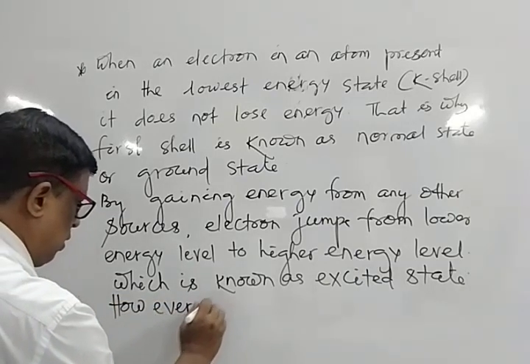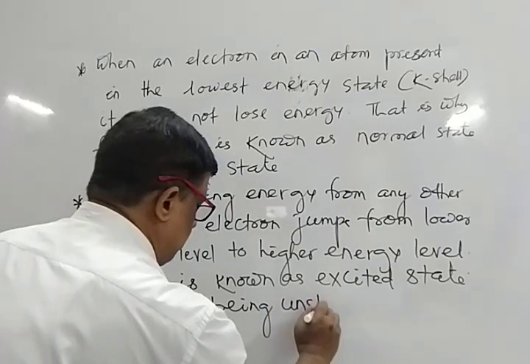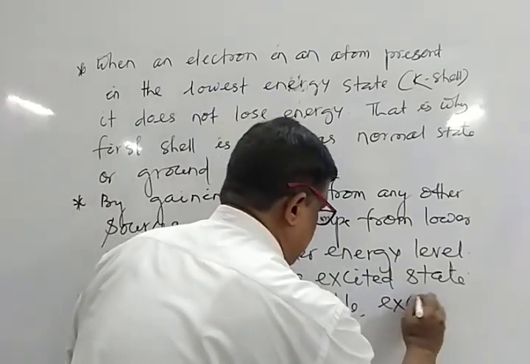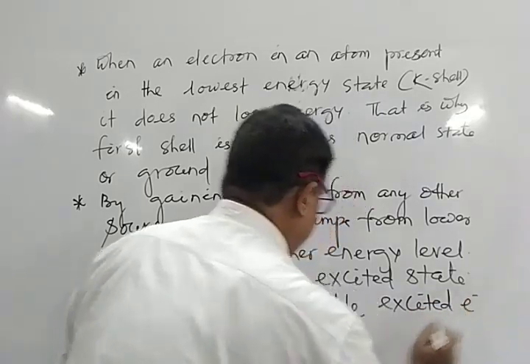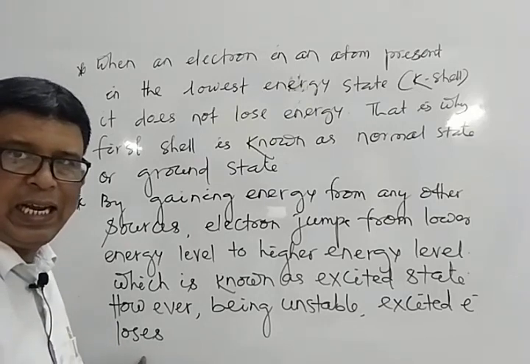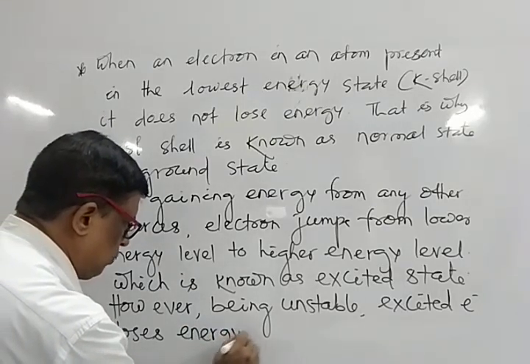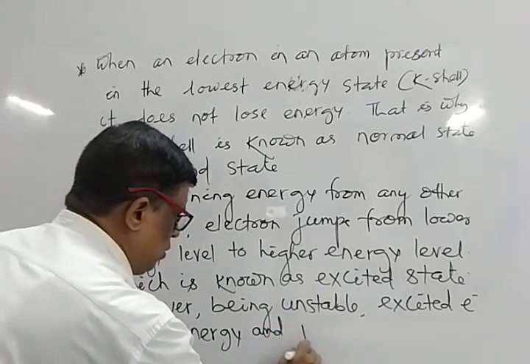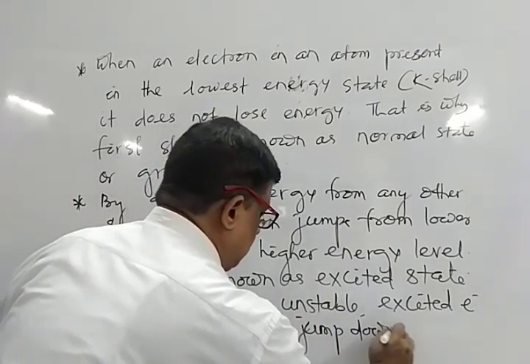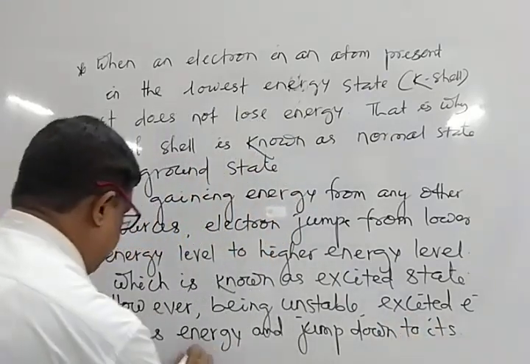However, being unstable, the excited electron loses energy and jumps down to its ground state.